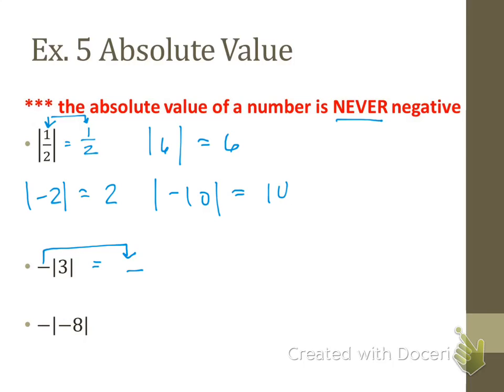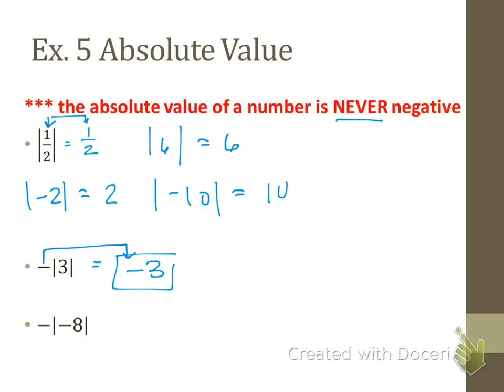Then I just ask myself, what's the absolute value of 3? 3. The absolute value isn't negative, but my answer is negative. Does everybody see that? Anytime there is a negative on the outside, it has to be carried into your answers. I still ask the question, what's the absolute value of 3? And I get 3, but that negative is still there, and it has to be in my answer.